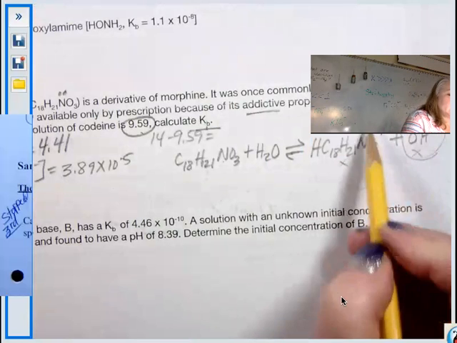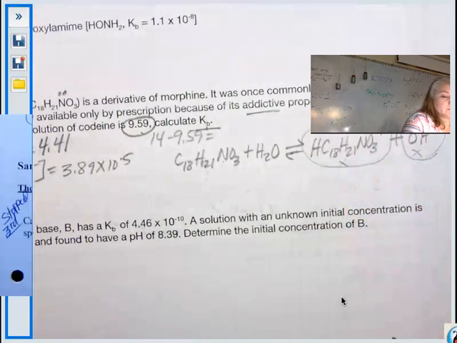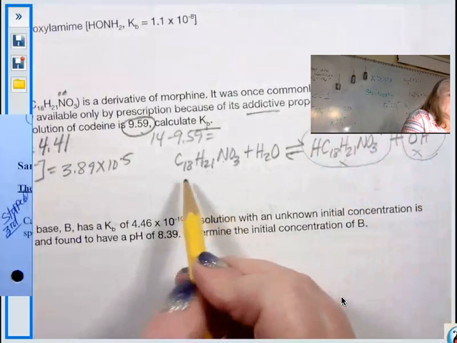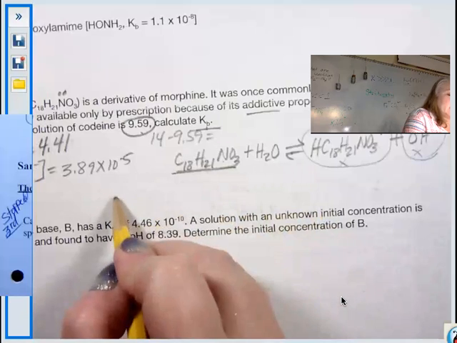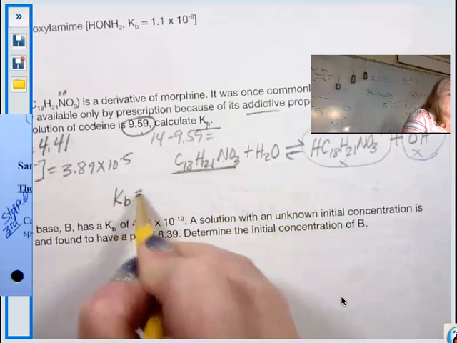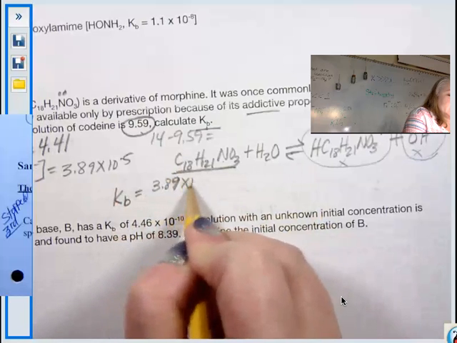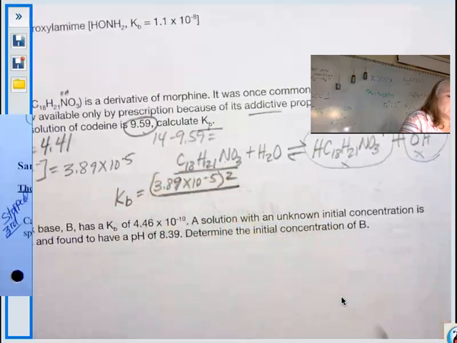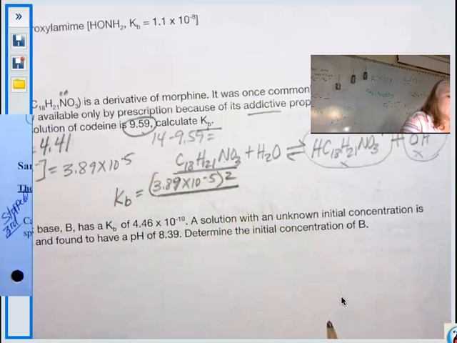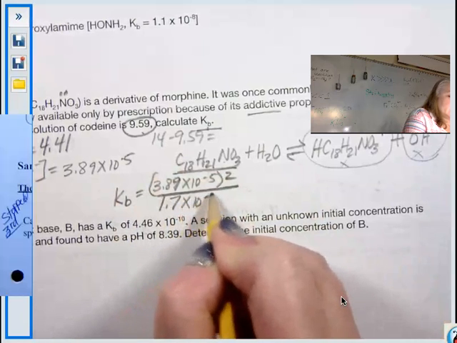So that means we also know this value. And we have the original concentration of this. So our job is to calculate Kb. So Kb is equal to 3.89 times 10 to the negative fifth squared over your original concentration, 1.7 times 10 to the negative third.